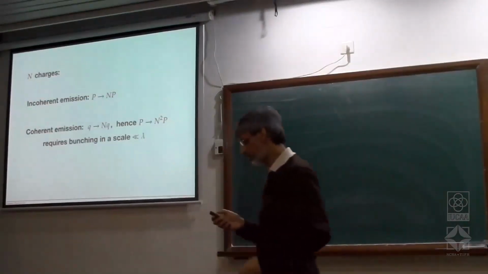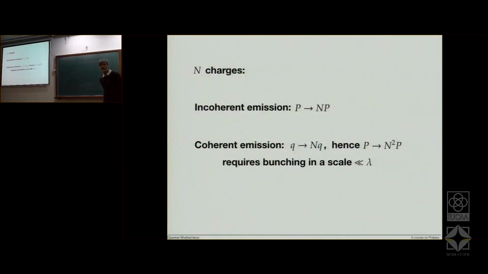So this is what I was mentioning, that if you have n charges, if the radiation adds incoherently, then you can think of each particle providing power p, and with n particles you get n times p. Whereas in coherent emission, q goes to nq and p goes to n squared p, and this requires bunching on a scale much smaller than the wavelength of the emission that you are talking about.